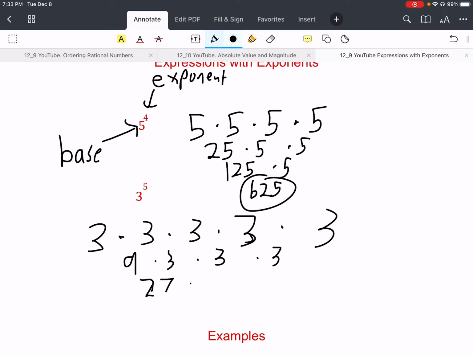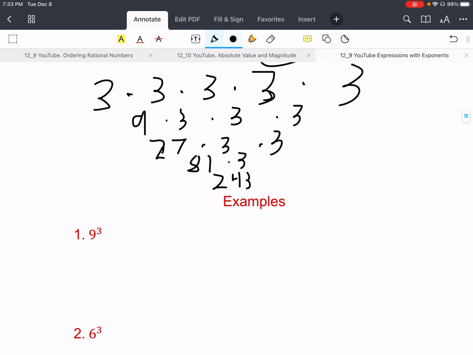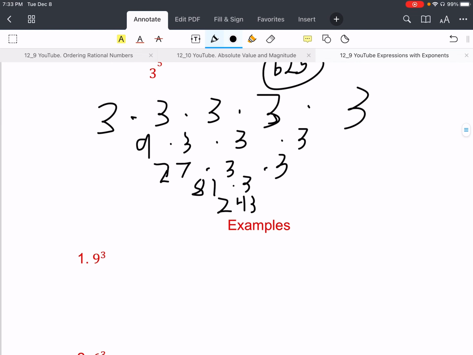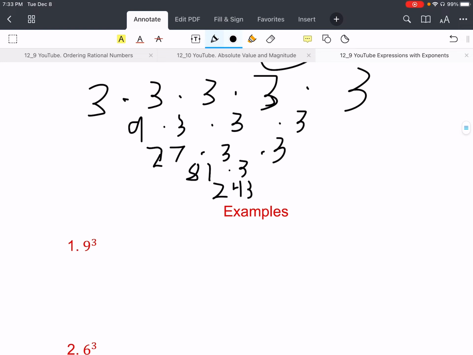So 27 times 3 times 3, 81 times 3, and 243. So exponents are pretty simple.